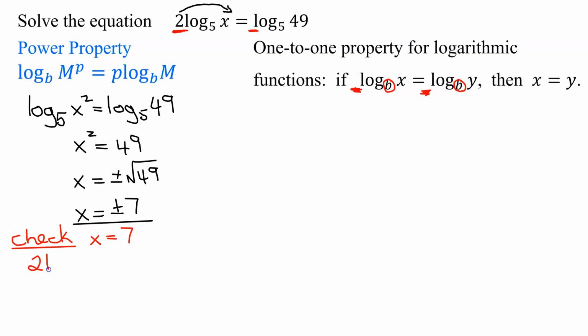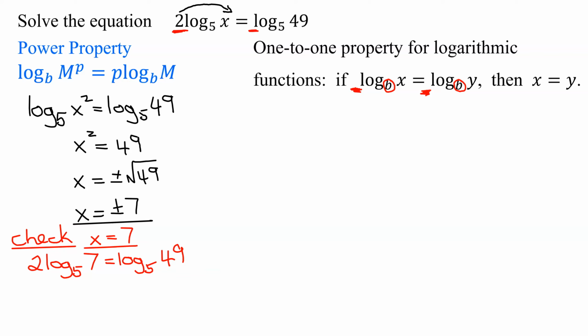So I'm going to get 2 times log to the base 5 of x, which is 7. Is that a positive number? Yes, keep going. Equals log to the base 5 of 49. Is 49 positive? Yes. So I have shown that x equals 7 is not extraneous.